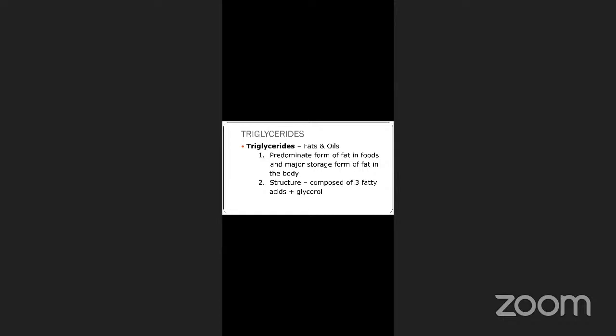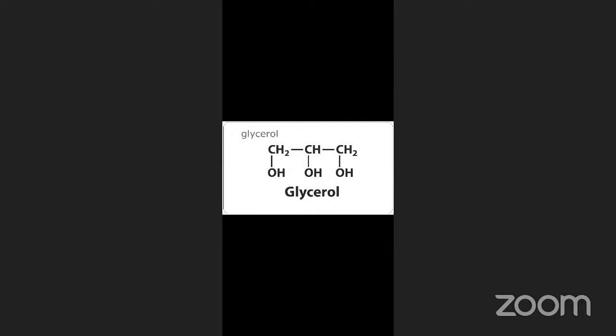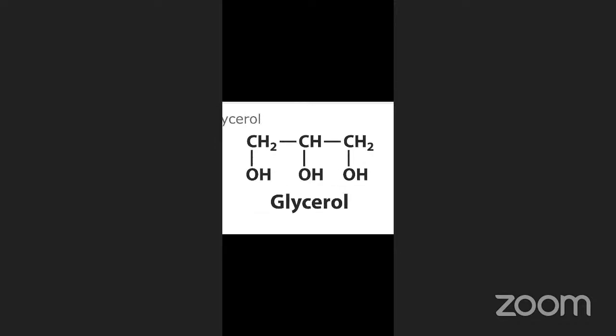So here, as we have already seen the structure, glycerol is linked to 3 fatty acids. So this is the glycerol. Okay. So in the glycerol, this is the backbone structure, CH2, CH, CH2, and here OH, OH, OH. So now these 3 OH groups react with the fatty acid chains to form triacyl glycerols.